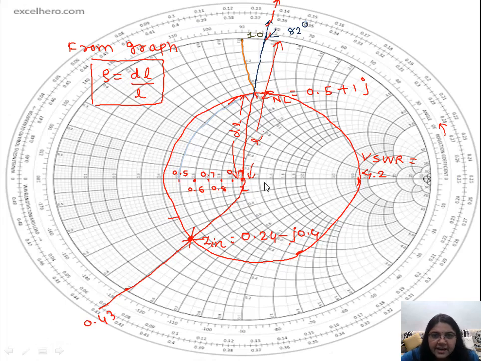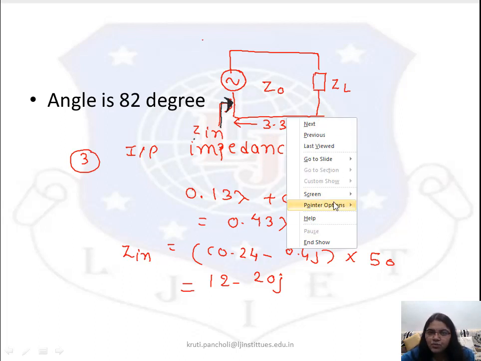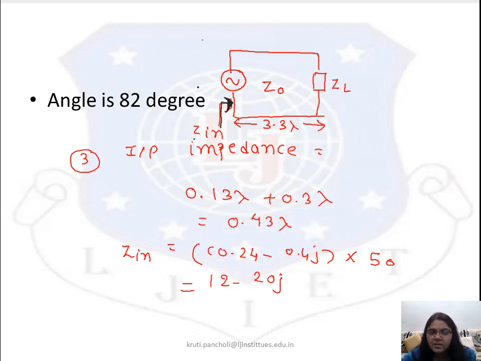I said that when you move one round of the Smith chart, it covers a lambda by 2 value. Over here it is 3.3 lambda, and one round only covers lambda by 2 for one movement.